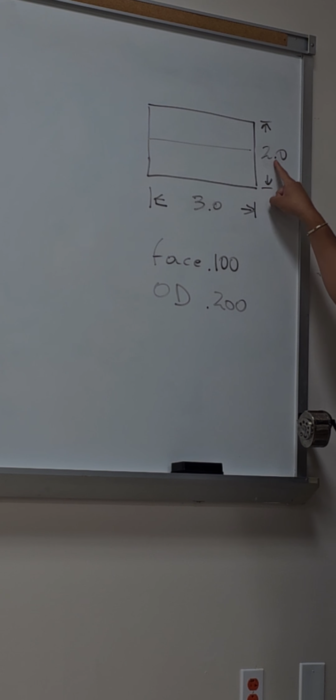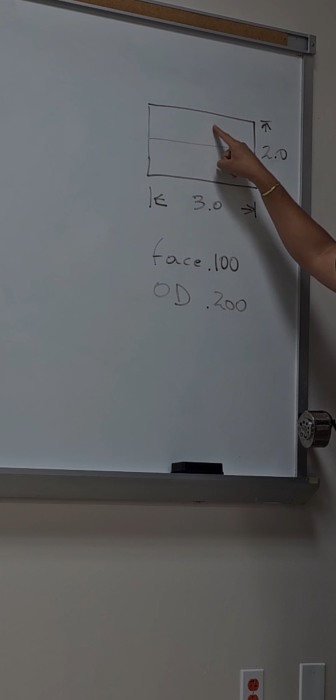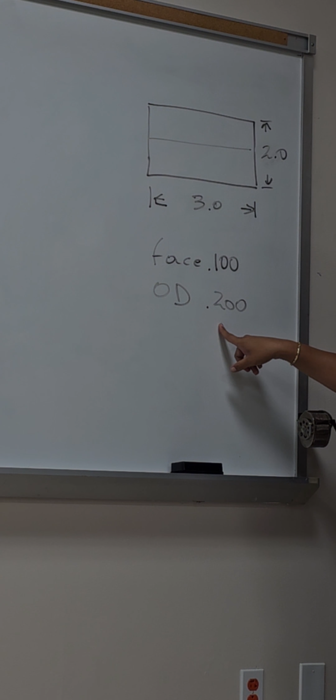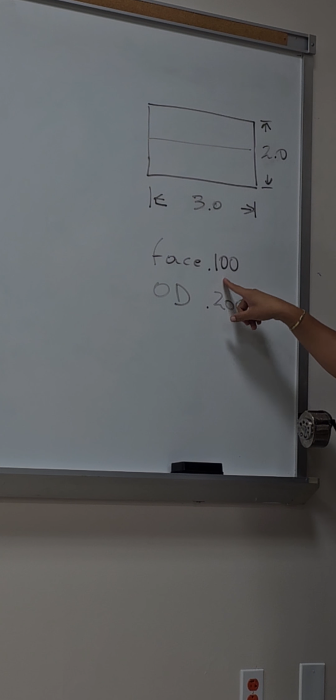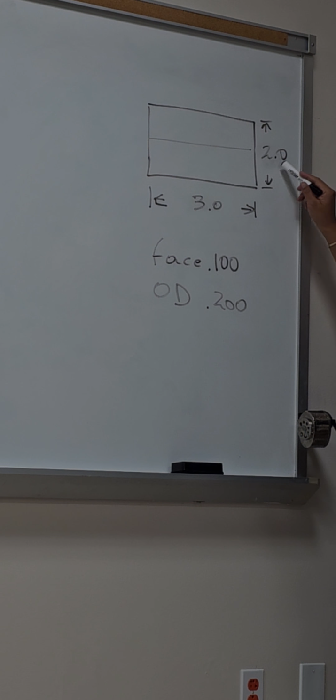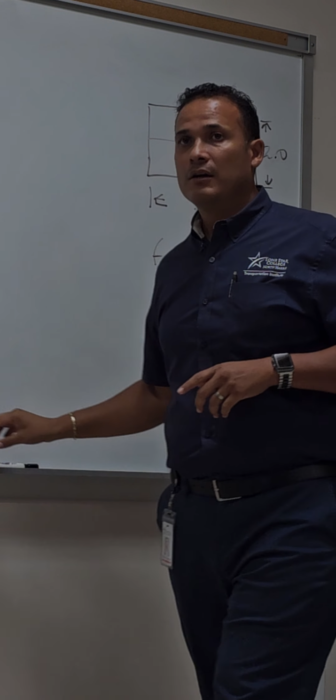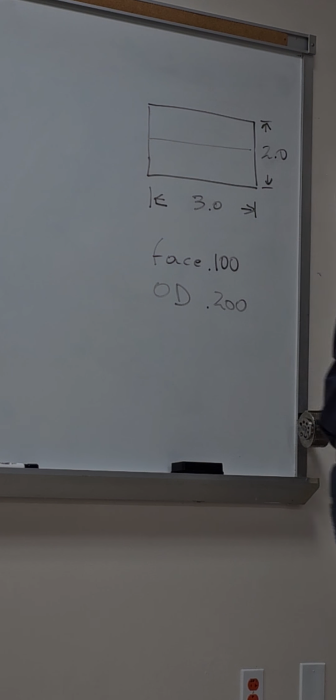So what does that mean? So you gotta make 2.2. So if you want the OD, 200,000, not 100,000. Well, facing, just 100,000. Right, facing 100,000, and then the outside diameter is oversized by 200,000. So your math is gonna be 2.2, and then over here you're gonna add 100,000. Whenever you finish it, call me so I can check it.